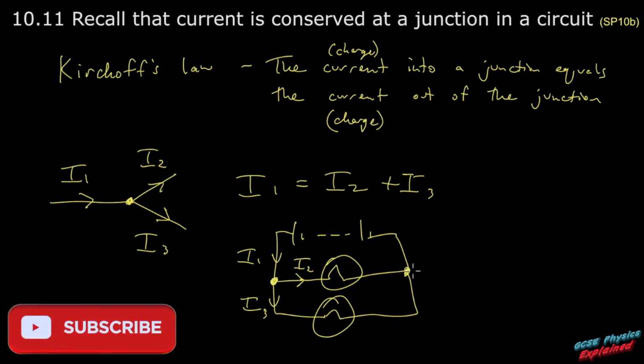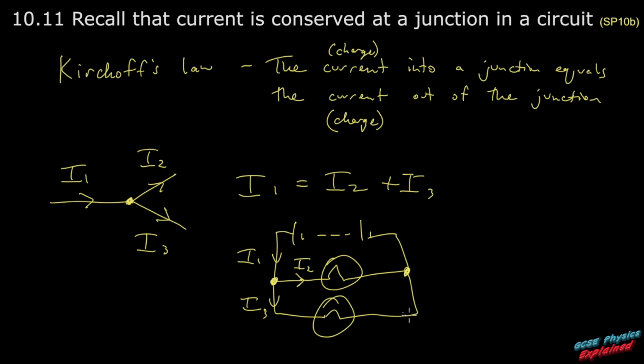And then obviously at this junction here, I2 and I3 are joining back together to make I1 once again. So this current here, if I had an ammeter there, that would also be I1. The current after it's joined back together would have been the same size as the current before it split up.